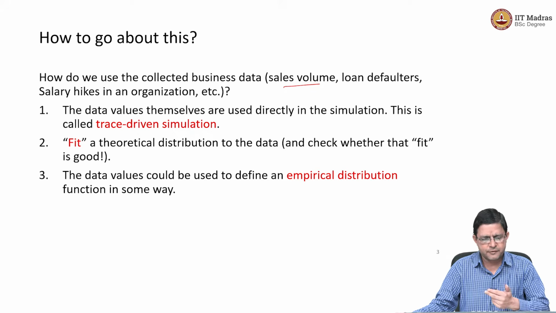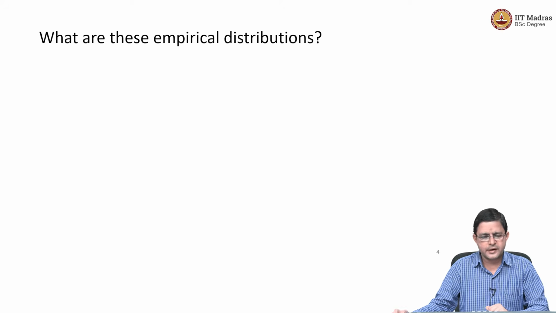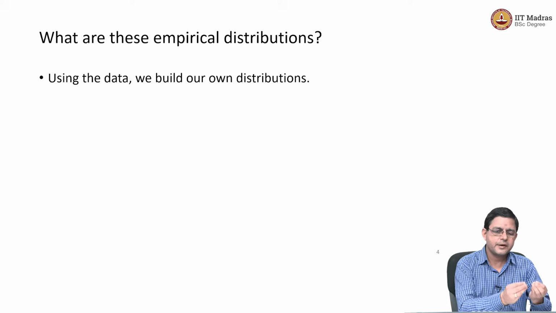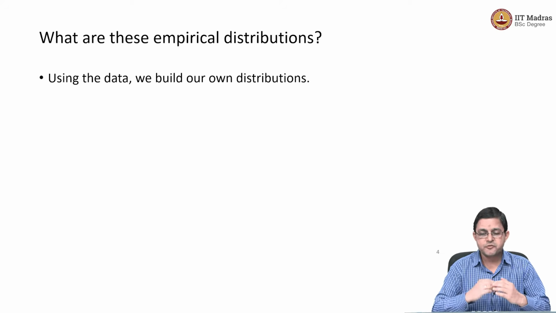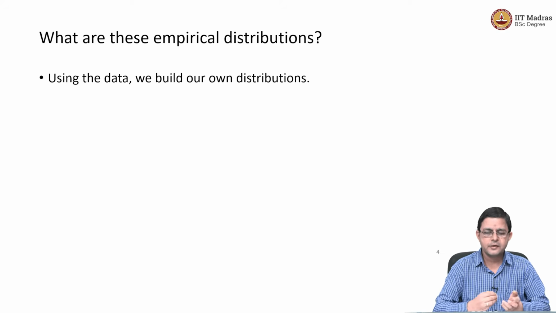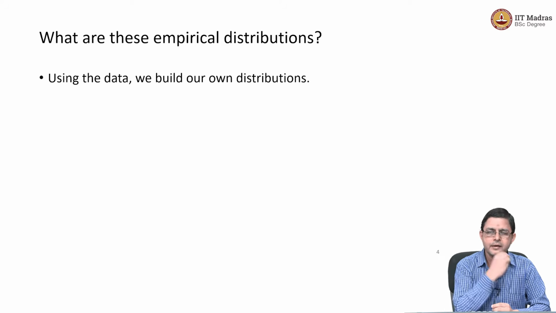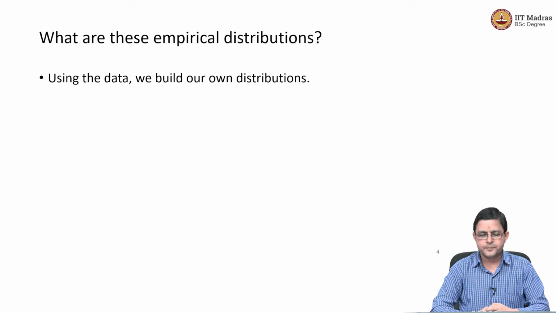Most probably you have. So, let us quickly recall that. Empirical distributions are essentially distributions built from the data that we already have collected, right. We are not fitting a distribution to the data, we are actually building a distribution from the data that we have collected. Please notice the difference, right.